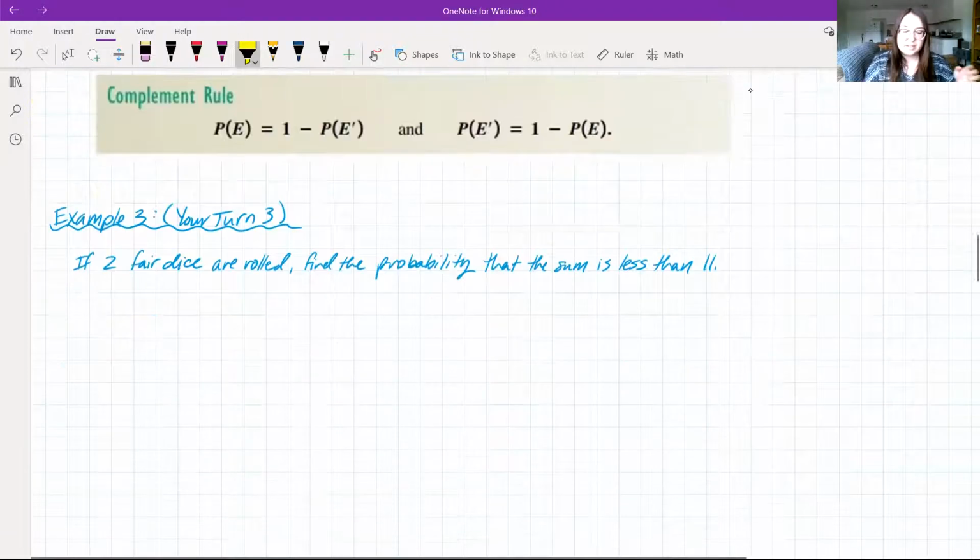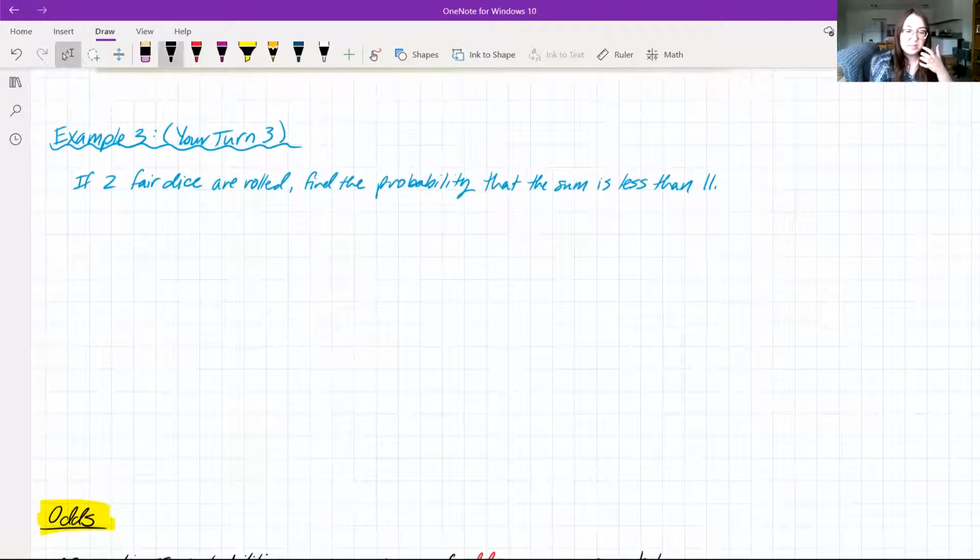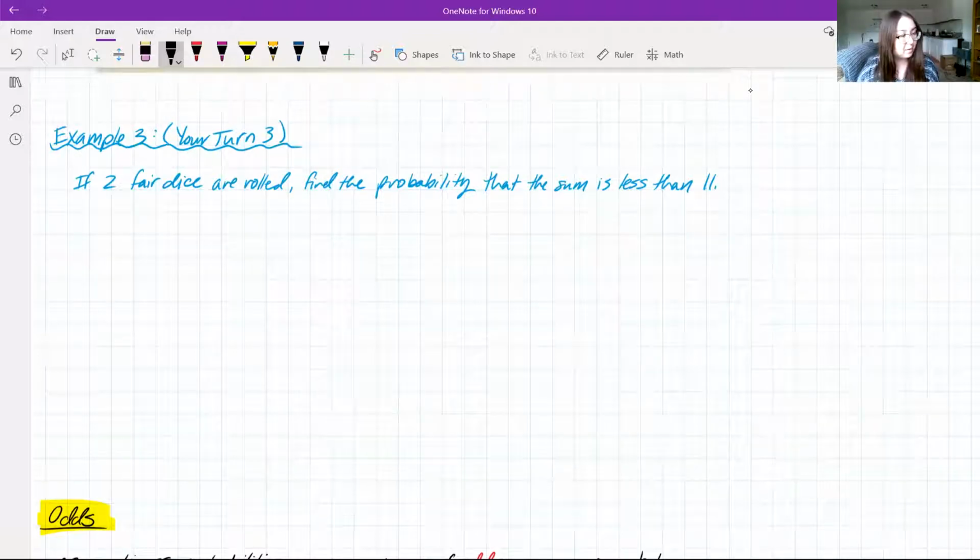So for example 3, this is also going to be your turn, number 3. What we get here is, if 2 fair dice are rolled, we want to find the probability the sum is less than 11.